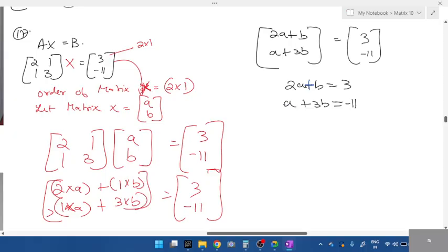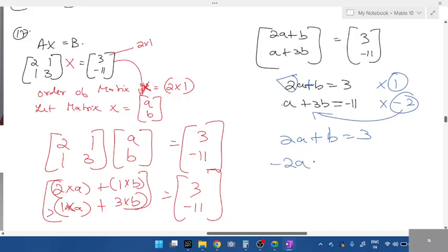I'll take A first. The coefficient of this is 1, multiply by 1. Here the coefficient is 2, but multiply by minus 2. So it is 2A plus B is equal to 3. You either eliminate A first or B first, it doesn't matter. The answer is the same. Minus 2A. Minus into plus is minus 6B.